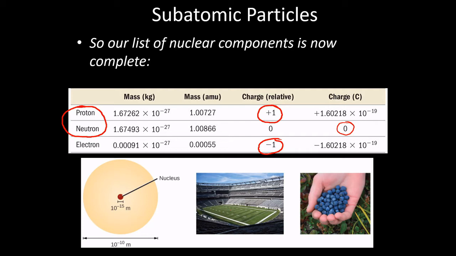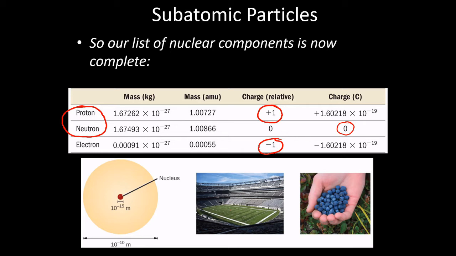So the nucleus is very, very tiny compared to the overall volume of the atom, but practically all of its mass is in that really tiny space. So the nucleus is indeed very, very dense.